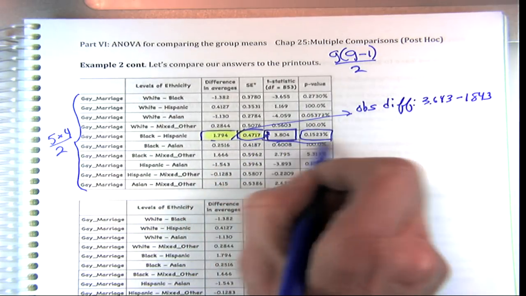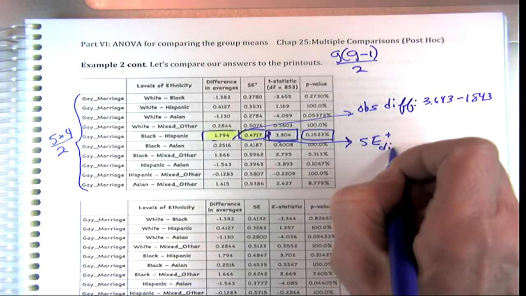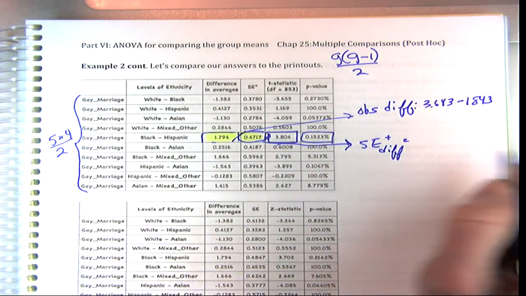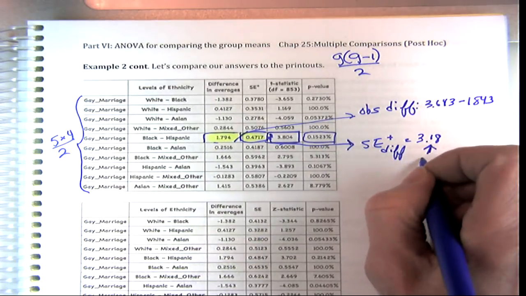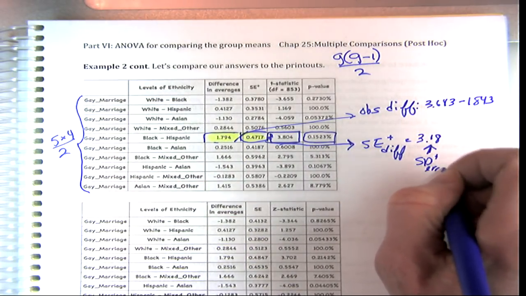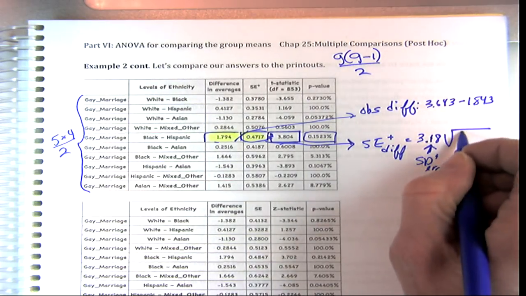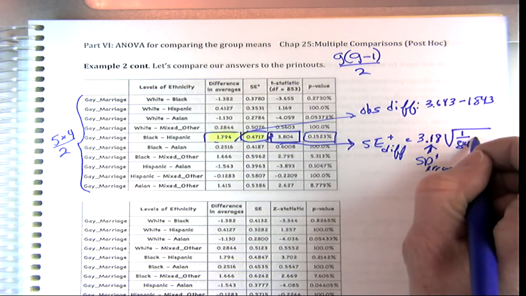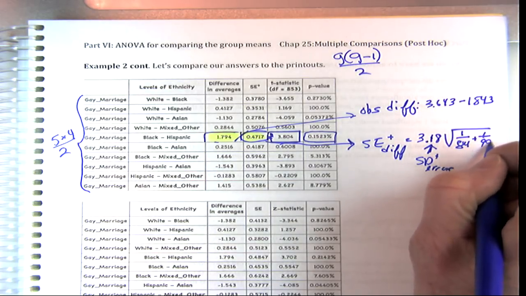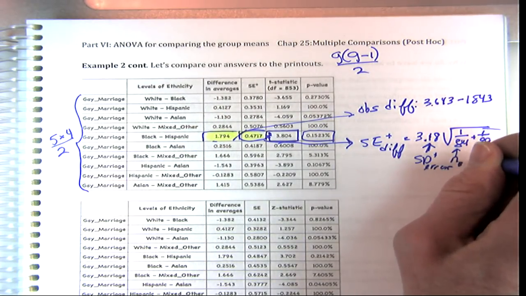Then, how did we get that standard error? That's the standard error for the difference, and we got that by doing what? We took this 3.18, which you're going to be given. That's the pooled SD, and you'll be given that. And then we just multiplied it by what? The square root of 1 over the sample size for the blacks plus 1 over the sample size for the Hispanics. So that was N for the black group, and this is N for the Hispanic group.